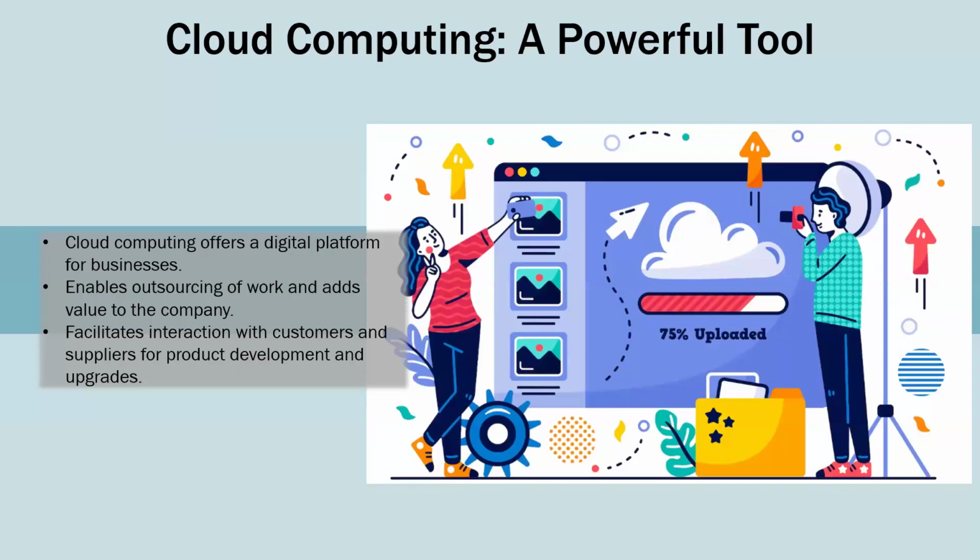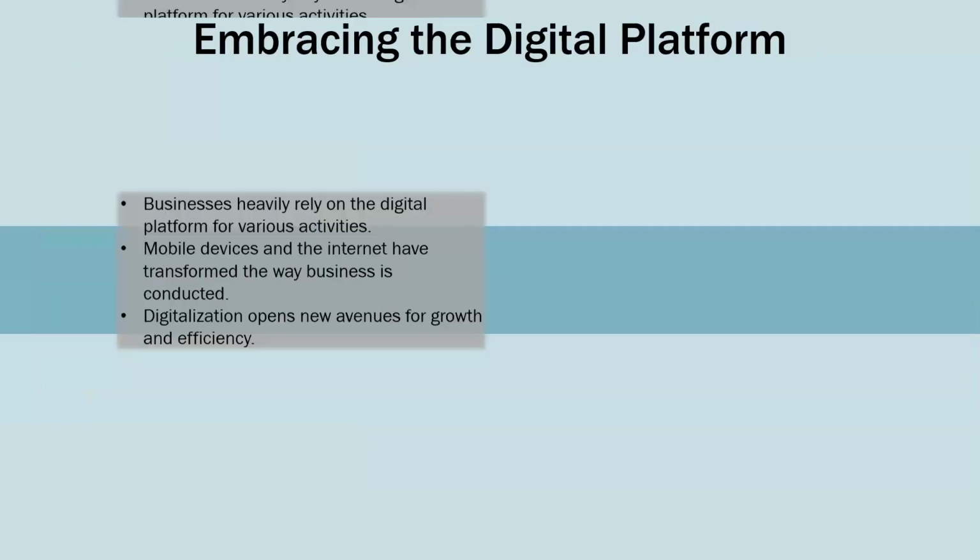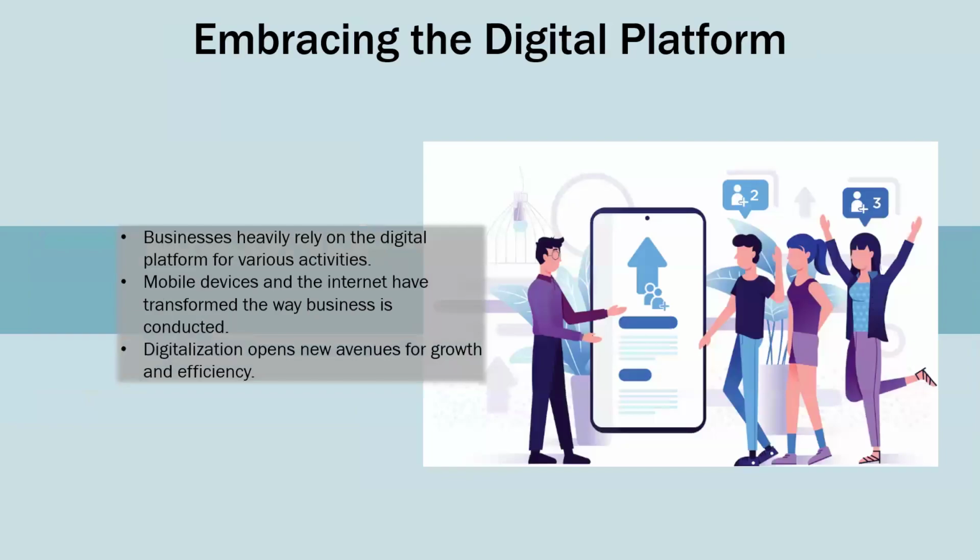What cloud computing basically does is enable outsourcing of work, and it adds value to the company, especially when it comes to remote working, right? It facilitates interactions with customers and suppliers for product development and upgrades. So basically, companies now are embracing the digital platform, right?